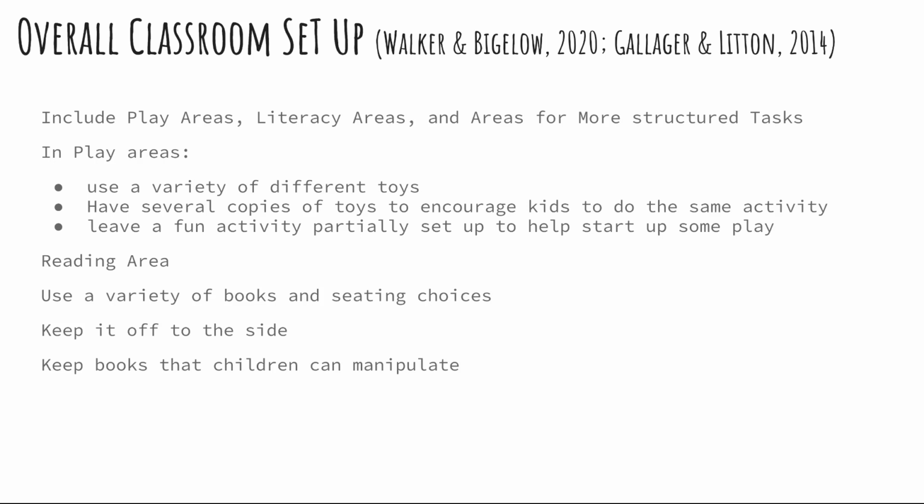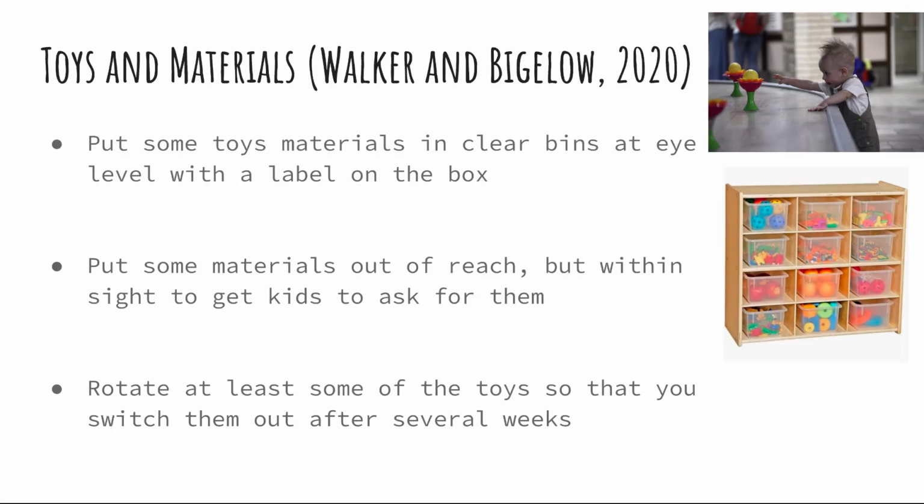It's especially important for our children that have physical disabilities to have different types of books that they can turn themselves. But for all of our children, playing with a book, touching a book, interacting with a book is a really important first step to learning how to read, and being interested in the book. So all of those things will help really improve your literacy area too.